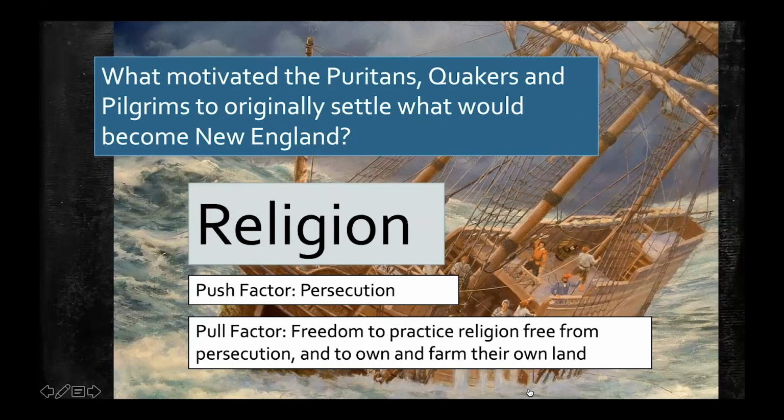Now, keep in mind that when the Puritans first come over, their vision is not to create an oasis of freedom for all peoples with different beliefs and diverse religions. They're coming over to practice what Puritans believed based in Calvinism.